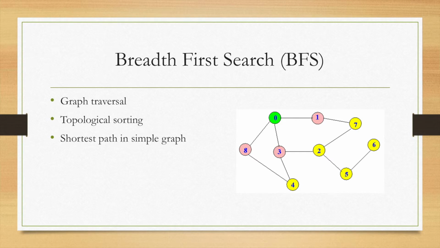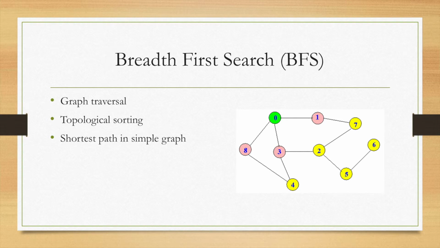Breadth first search is usually used to solve these problems. One is graph traversal. It means that you want to get all the nodes of the graph, and maybe you can also get a layered traversal on the graph. The second scenario we can solve is that the nodes have some dependencies.